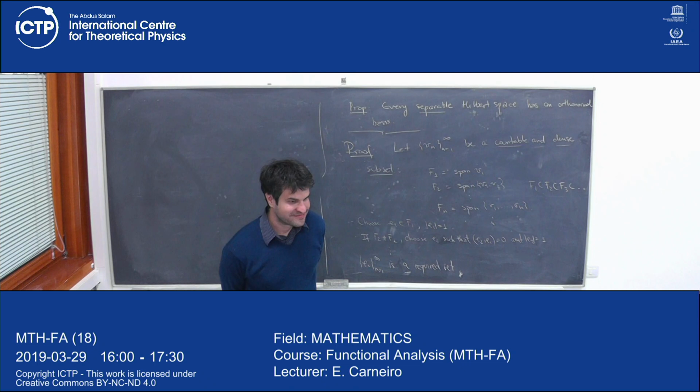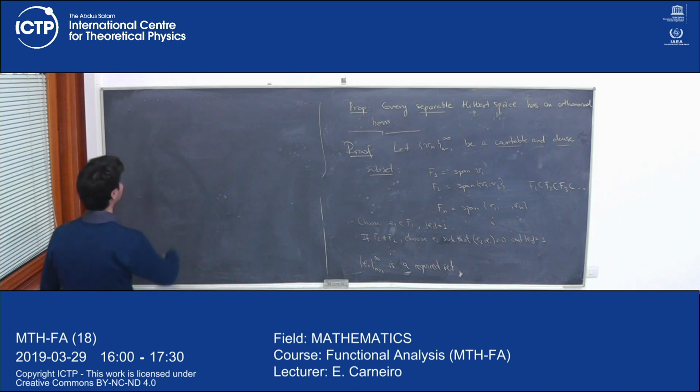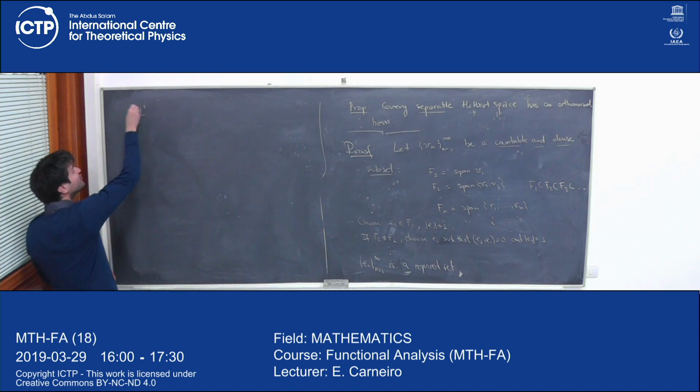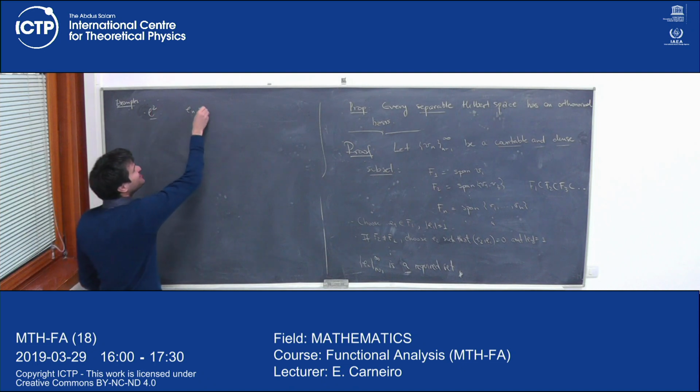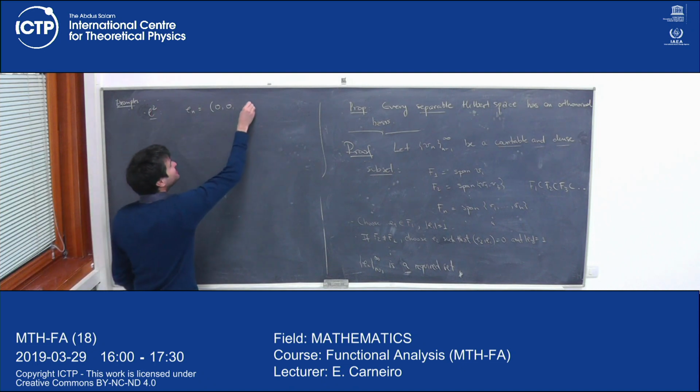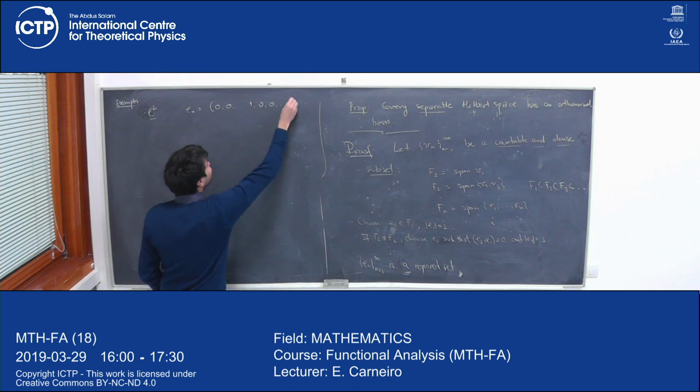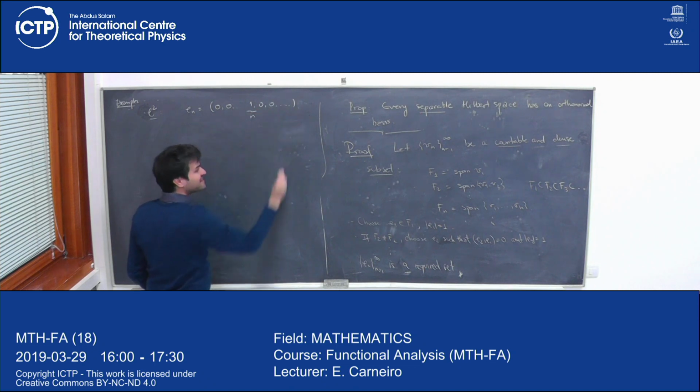Little L2, right? Little L2, you have, of course, a basis. How about this space here? L2, so examples. Little L2, that's okay. So you can just take, of course, E_n to be 0, 0, 0, 1, and then 0, 0, with the 1 in the position n.